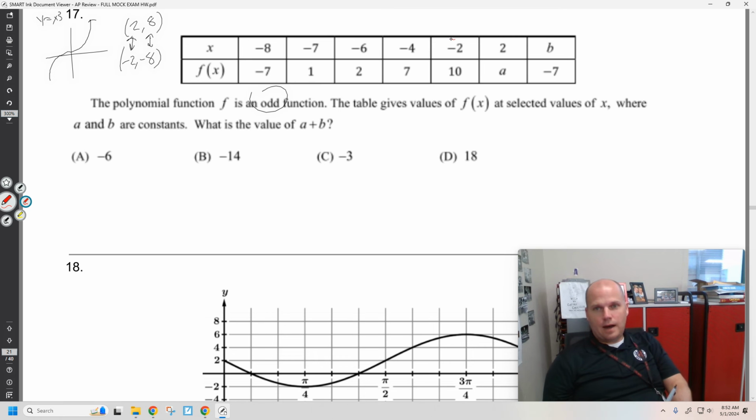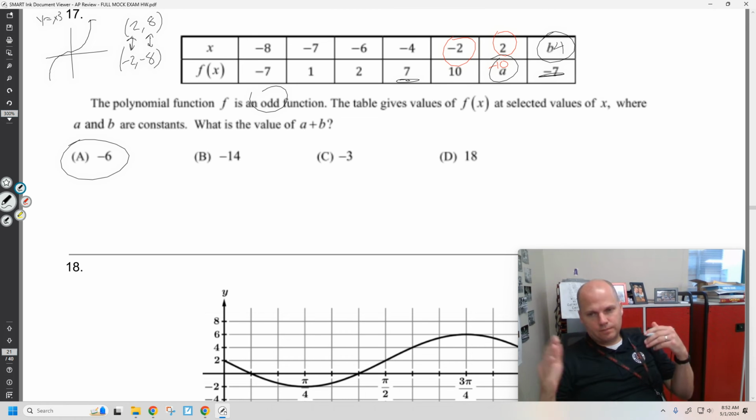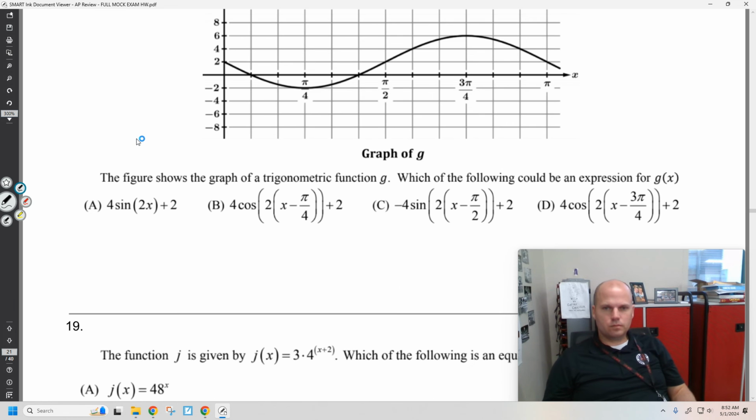So opposite x's, opposite y's. A is -10, B is 4. So added together, you get -6. If there's an even function, opposite x's, same y's, like y equals x squared.